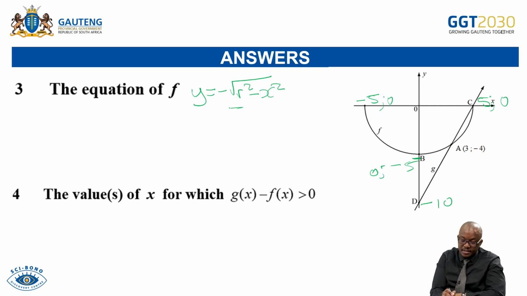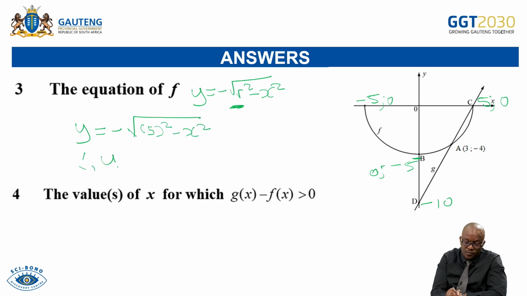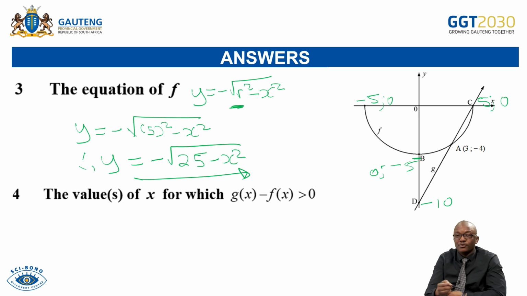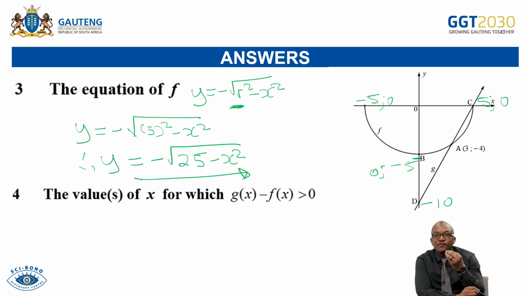What we need is the radius. So it's y is equal to negative, radius is 5 squared minus x squared. Therefore, our equation is negative square root of 25 minus x squared. That's basically what you need to do. If you know your radius, you are done.